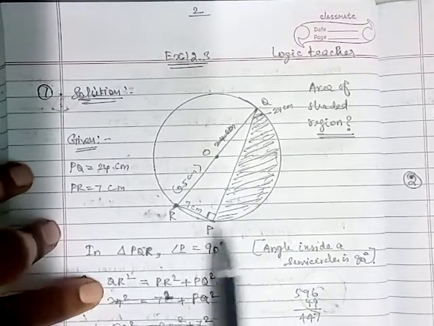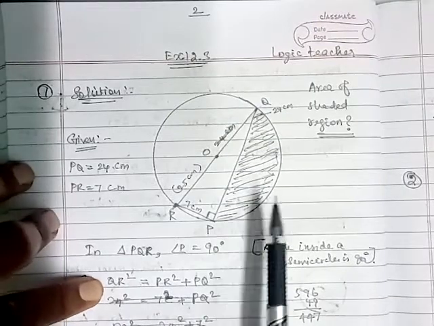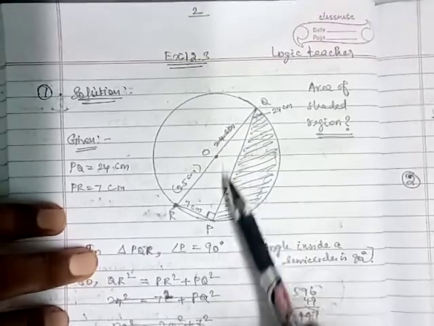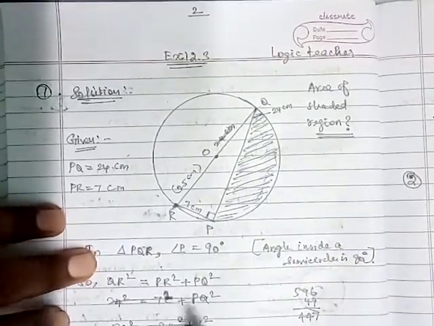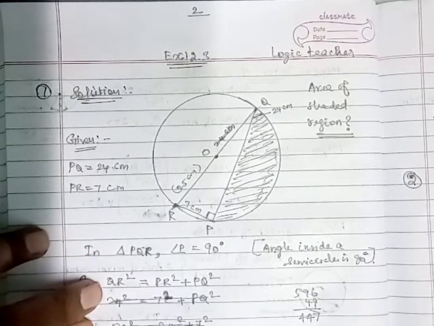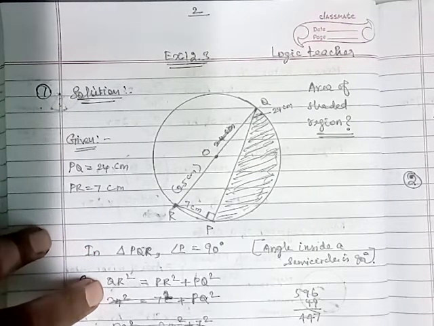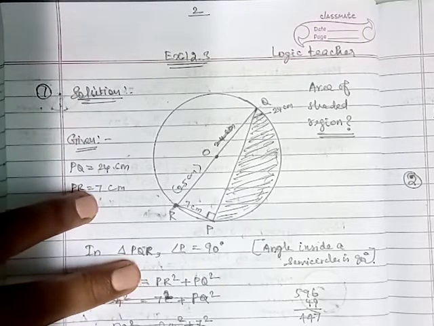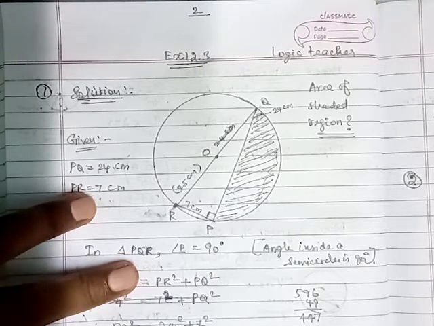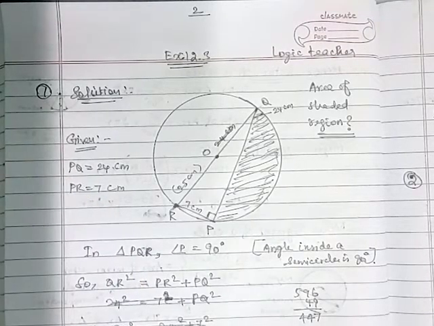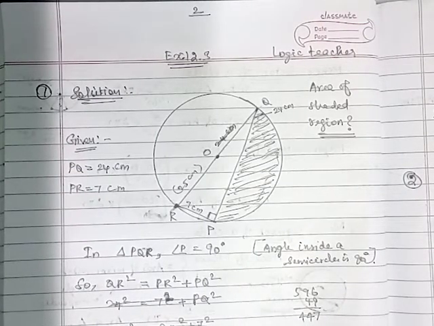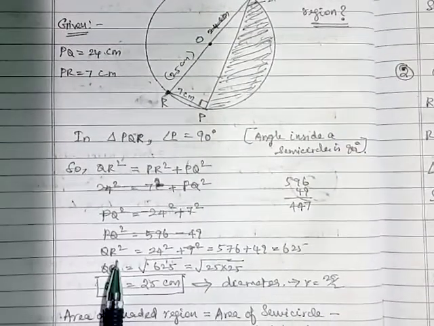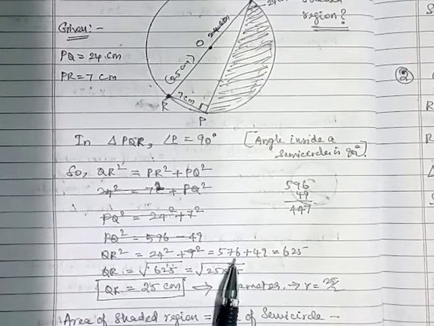So QR squared, according to Pythagoras theorem, which we already know, QR squared is the hypotenuse, which is equal to PR squared plus PQ squared. So QR squared is equal to 24 squared plus 7 squared, which is 576 plus 49, that is 625.